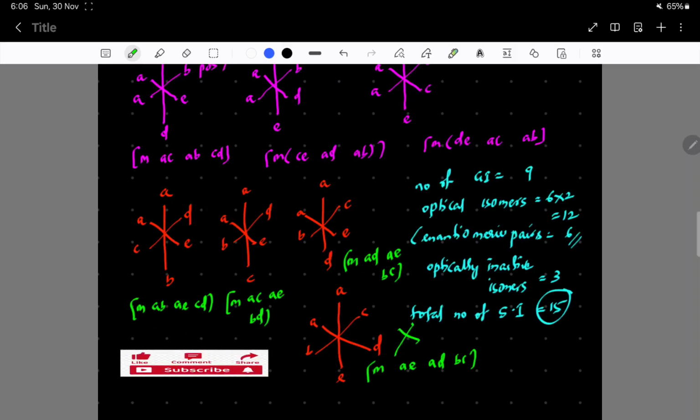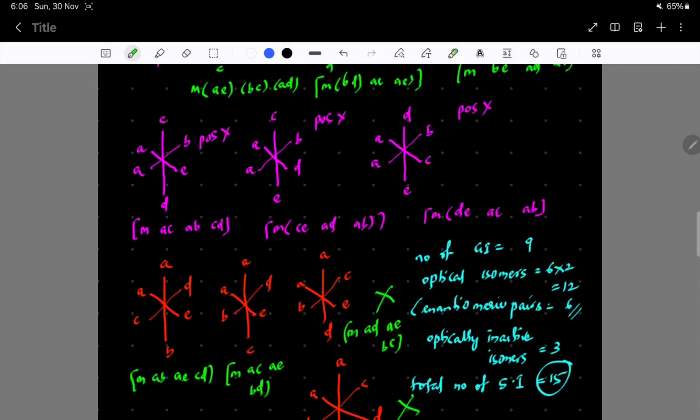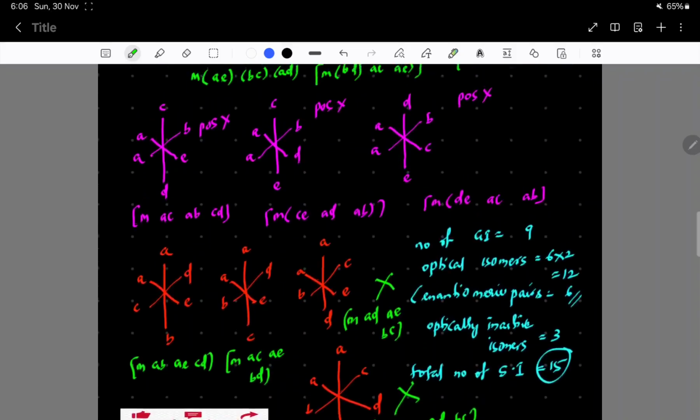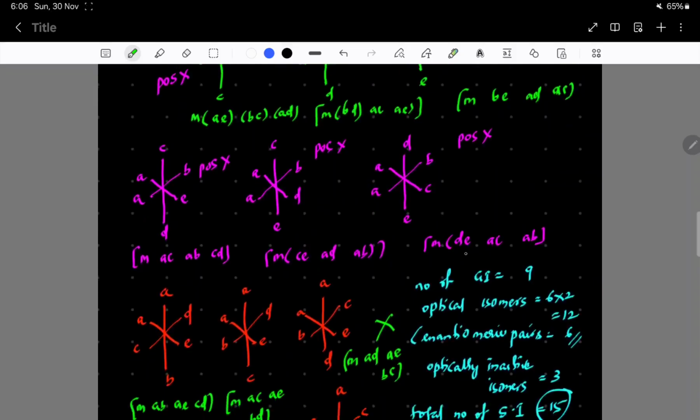Now this combination is repeated, and here also you can check, AD, BC, AE, this combination is also repeated. Next, one more combination you can check: AB, AE, CD, which is also repeated.